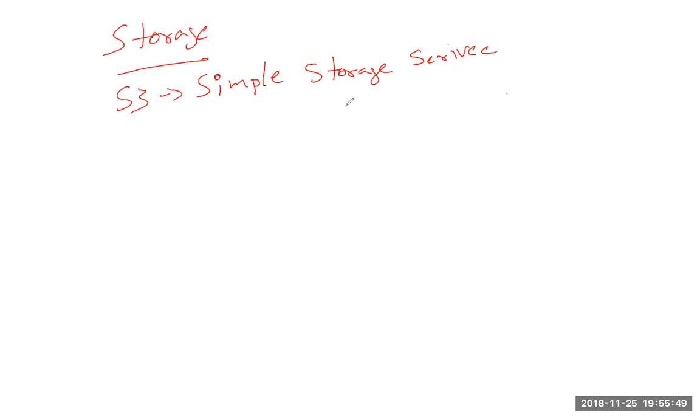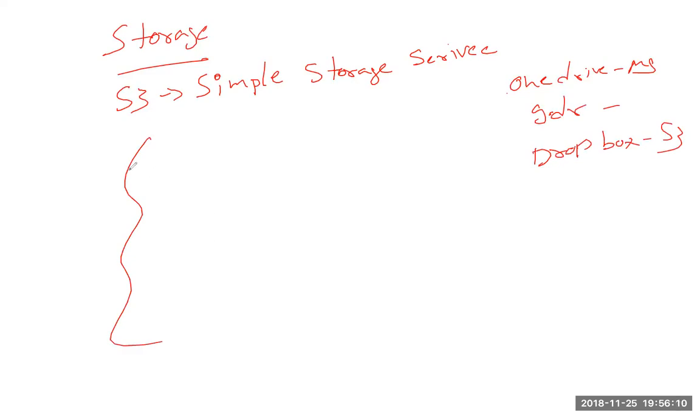What does this mean? If you know OneDrive of Microsoft, or Google Drive, or Dropbox. Dropbox actually uses this Amazon S3 service. Now, a user has a file.